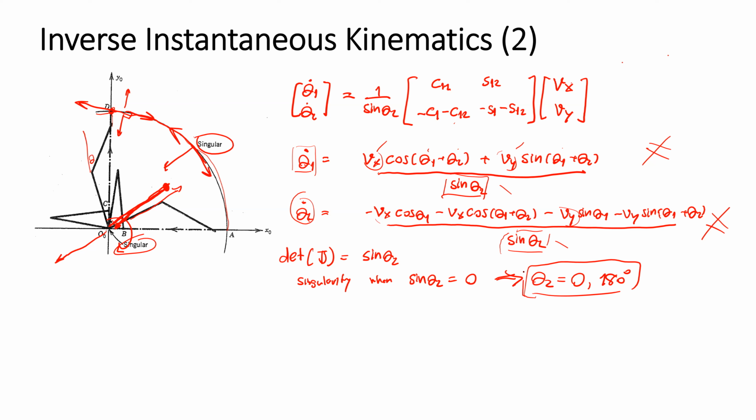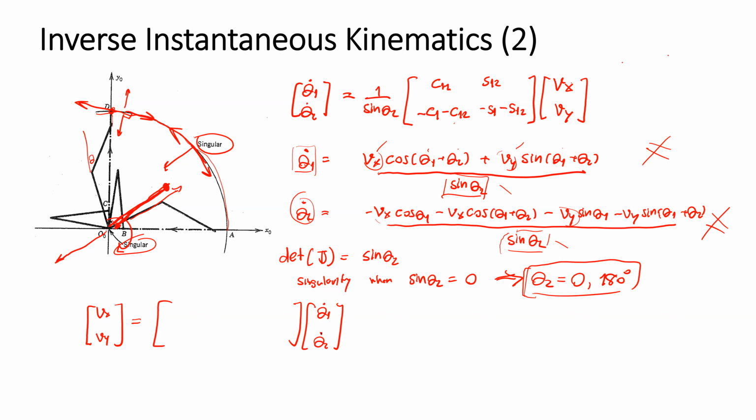When theta 2 is 0 or 180, the Jacobian may change. The Jacobian relates Vx, Vy to the joint speed, right?